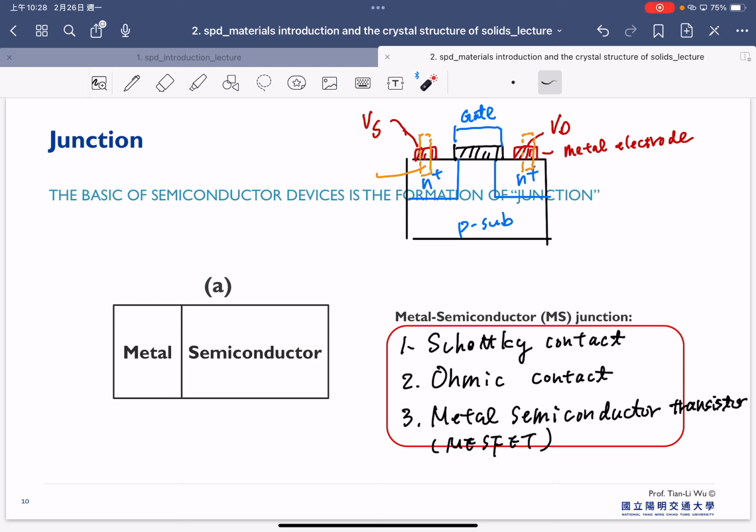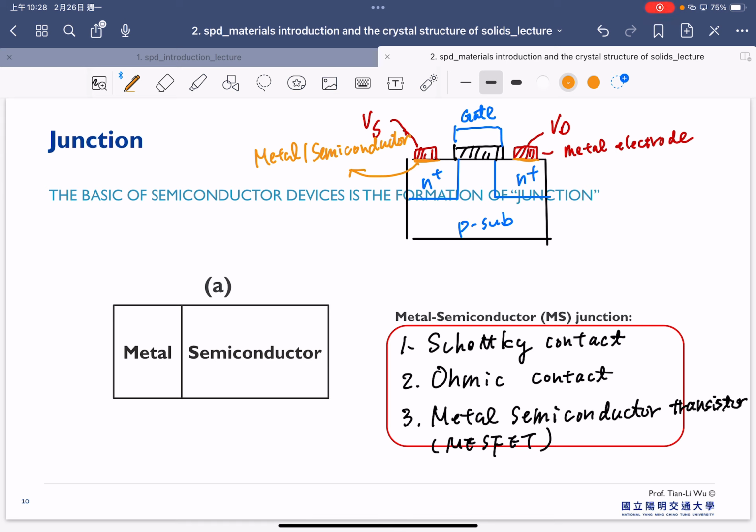I think it's better to write it in this way. So we have the metal, semiconductor. That's a place where we have the metal semiconductor junction in the MOSFET, this kind of device architecture.